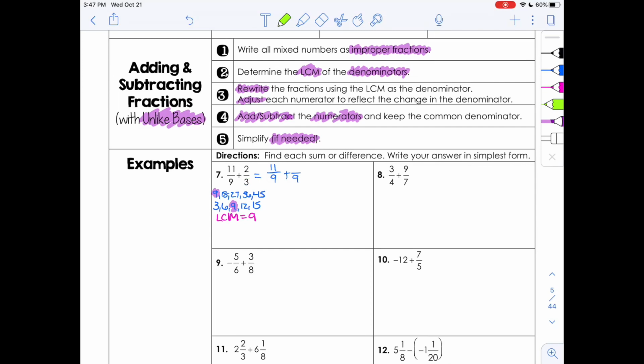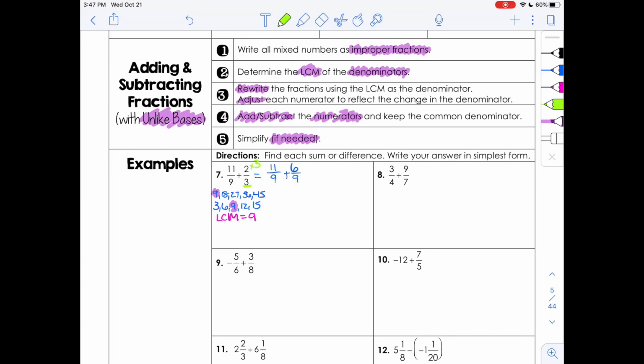So then we're going to multiply that 3 times our numerator. And 2 times 3 gives us a new numerator of 6. So again, we determined how many times our original denominator divides into our new denominator.